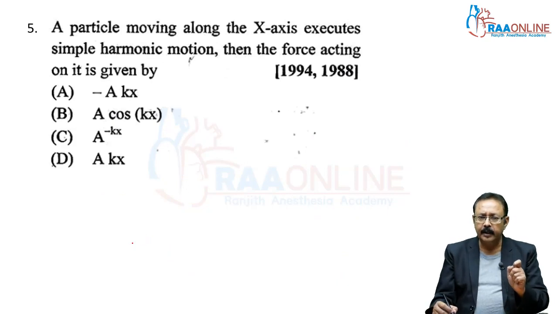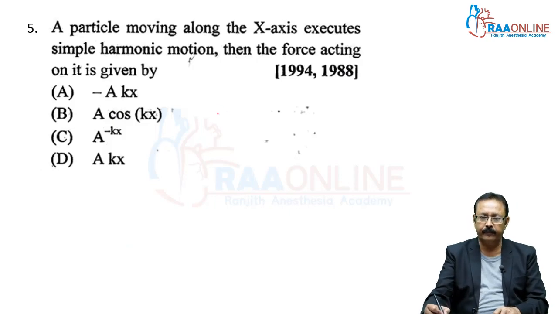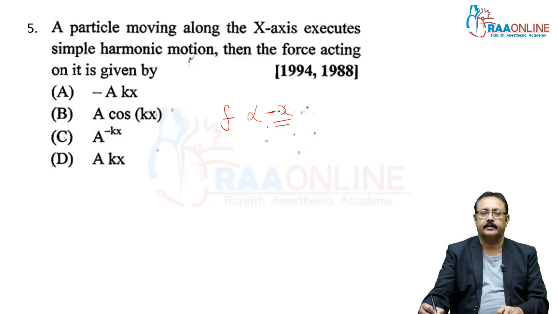Next, a particle moving along the x-axis executes simple harmonic motion. The force acting on it is, as we have just completed in our derivation, such that the acceleration should be directly proportional to minus omega square x, meaning minus x.